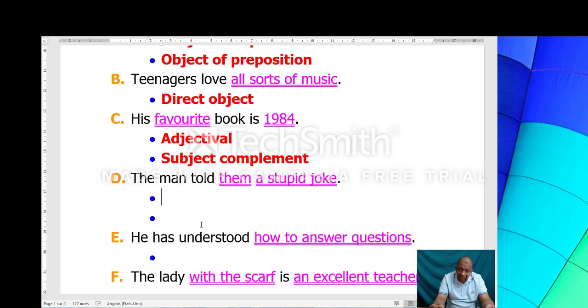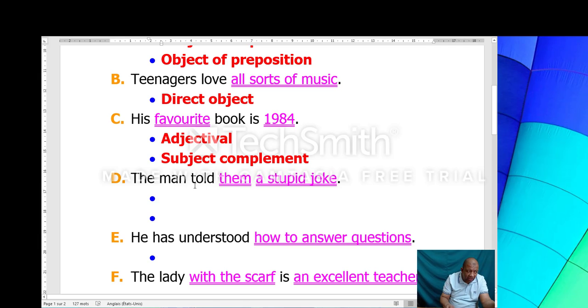If you can insert in this place, after told, a preposition which is to or for, therefore what comes after it is indirect object.